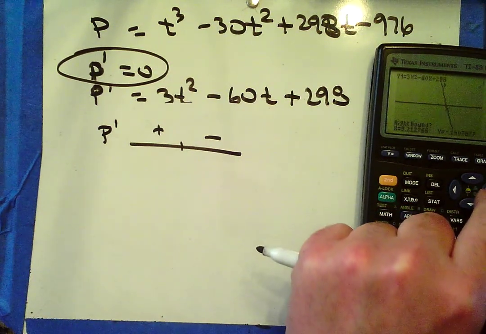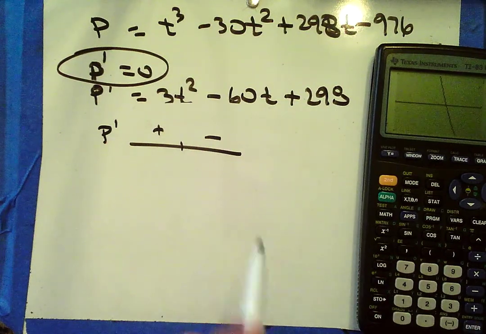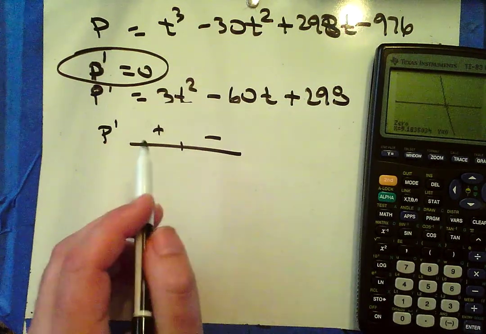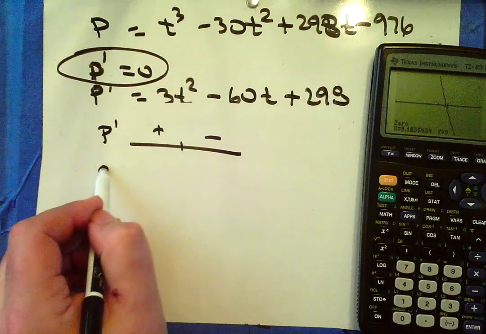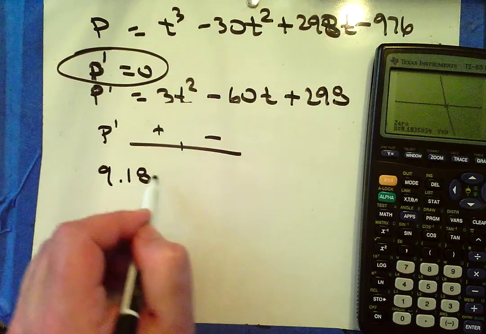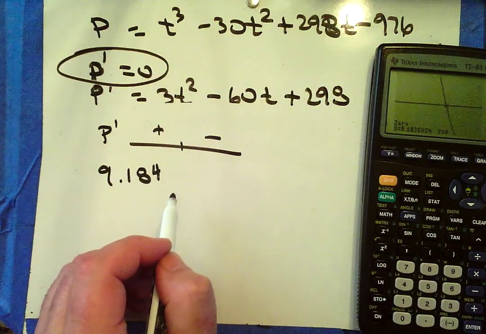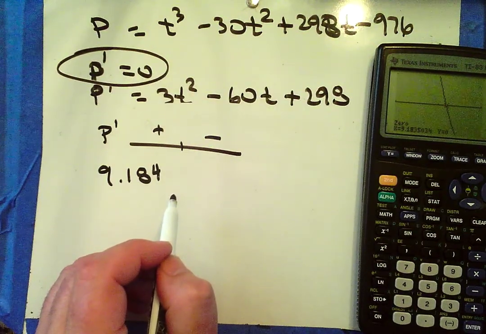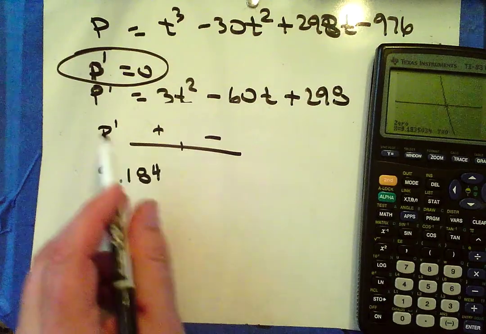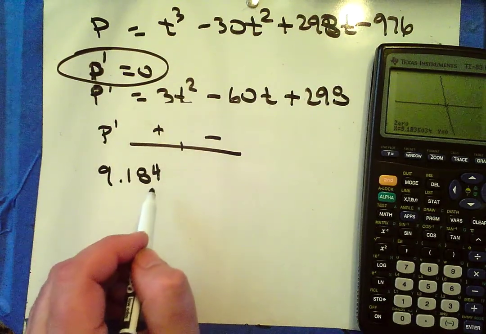Enter, enter, enter. And I get 9.184. Okay. 9.184, p prime is equal to 0.